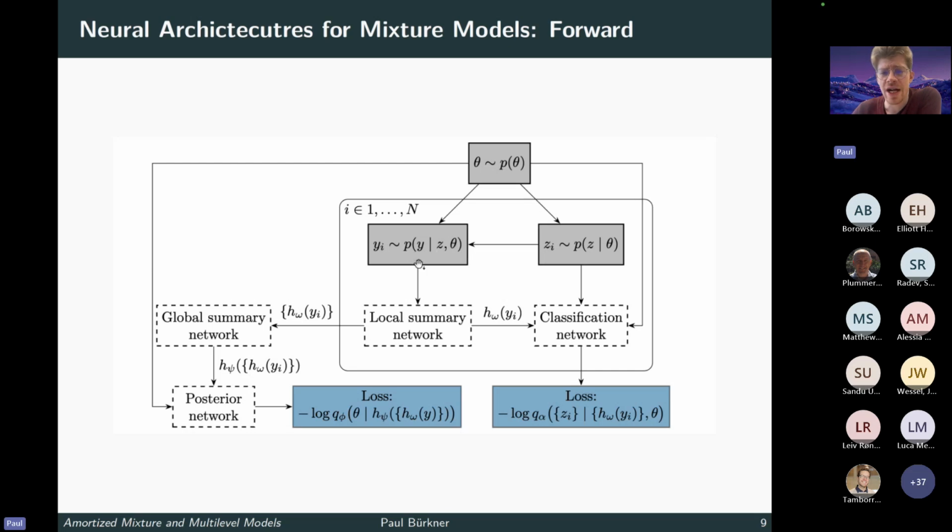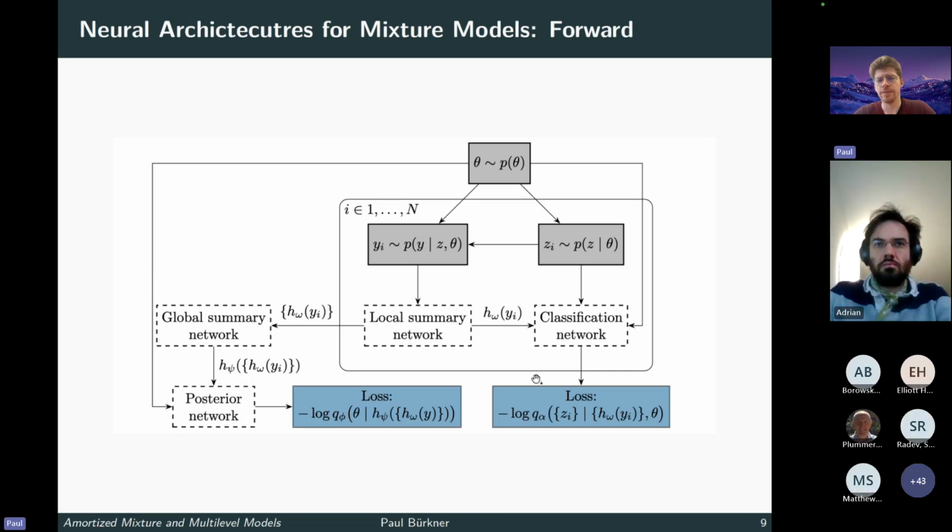And now the architecture comes in. So we're going to summarize, with a local summary network, the data Yi of the specific observational unit i. We call that local summary network separately for each observational unit i. Based on that, we're doing two things with it.